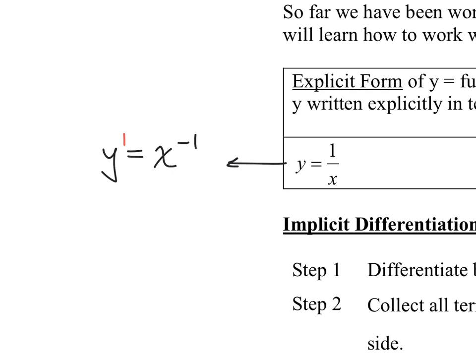Now, when I take the derivative of this, and this is the part that makes it kind of weird, on the right-hand side you don't need any explanation for that. You've been doing that enough. You would say that it's negative x to the negative second by the power rule. And then on the left-hand side, you would say dy dx. And then I'd ask, why would you use dy dx?